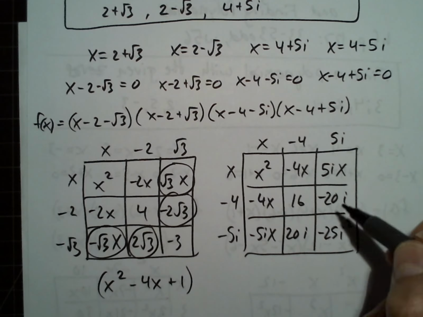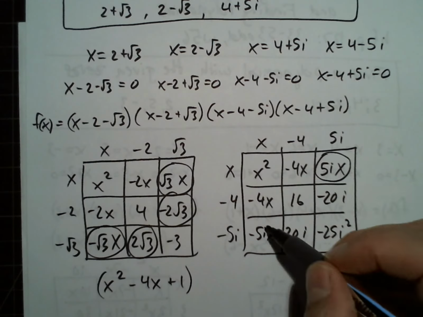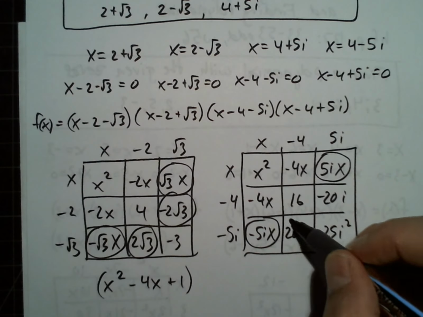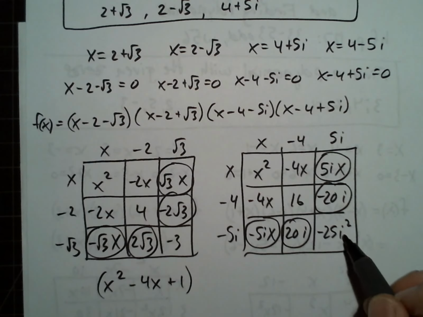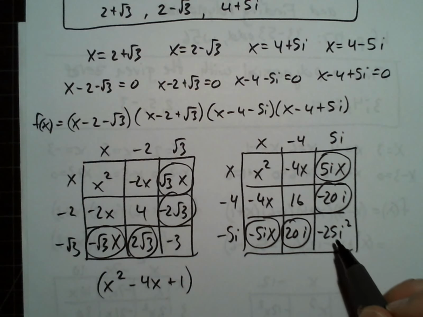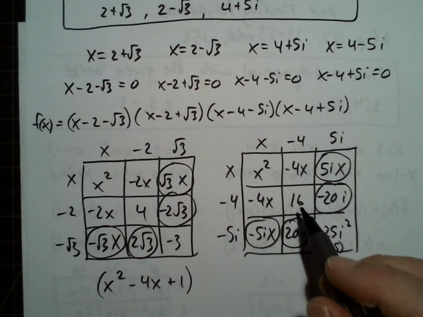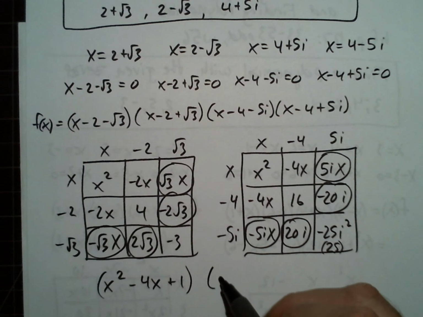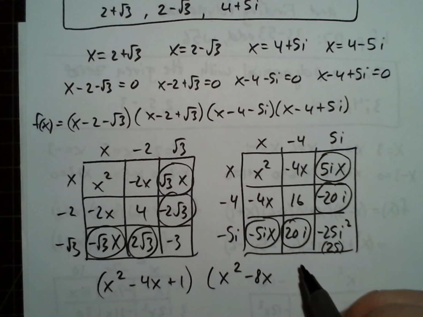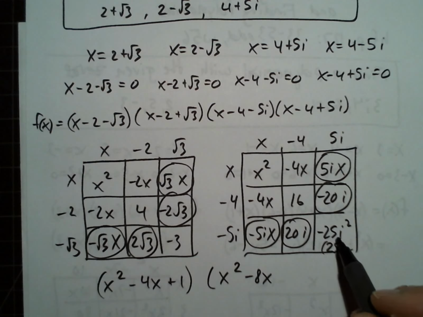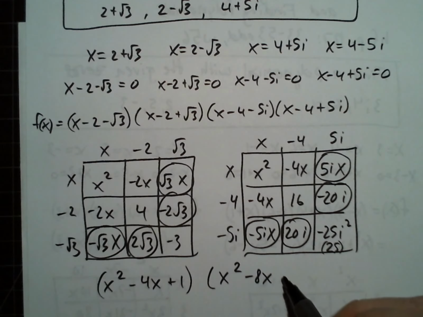All right, and we have 5ix, negative 5ix, positive 20i, negative 20i, and then i squared is negative 1, so we'll have a negative 1 times negative 25. This becomes a positive 25, and now we can combine. 16 plus 25.